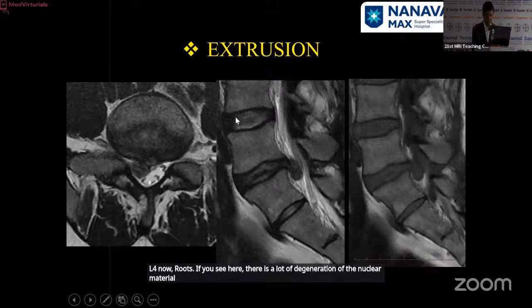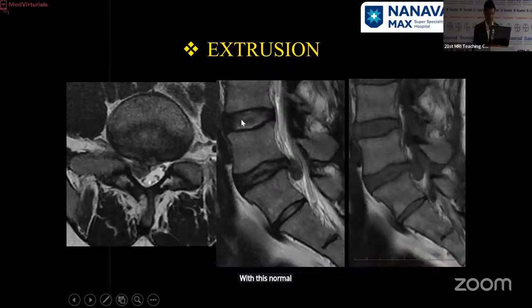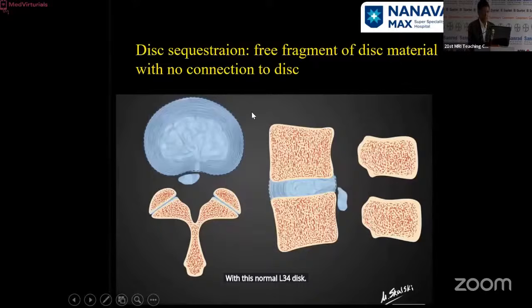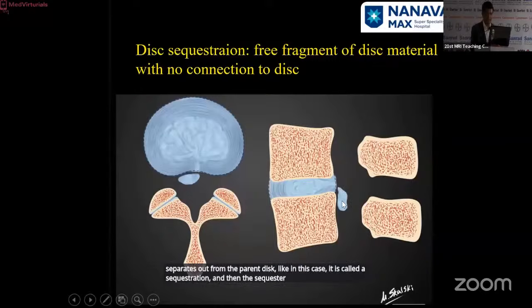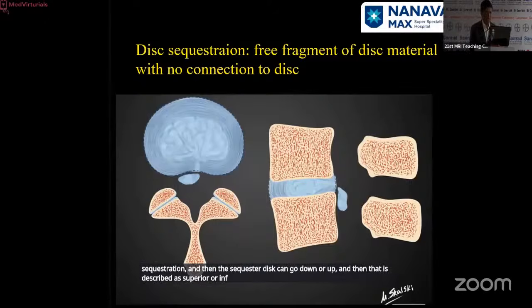Compare this with this normal L3-4 disc. When the herniated disc fragment separates out from the parent disc, like in this case, it is called sequestration. And then the sequestered disc can go down or up, and that is described as superior or inferior migration.